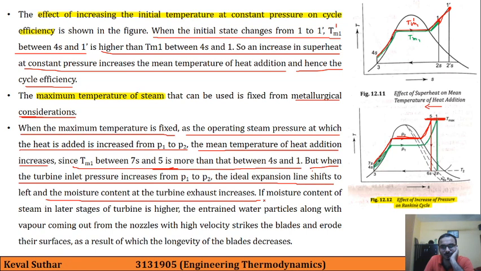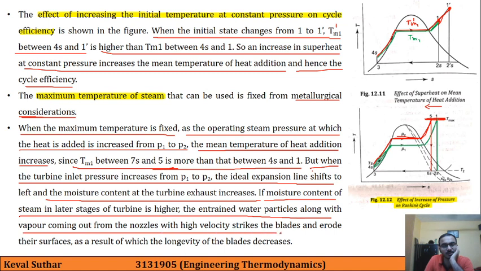Now if the moisture content of steam in later stages of turbine is higher, then the entrained water particles along with vapor coming out of the nozzle with high velocity strike the blade and erode their surfaces, as a result of which the longevity of blades decreases.